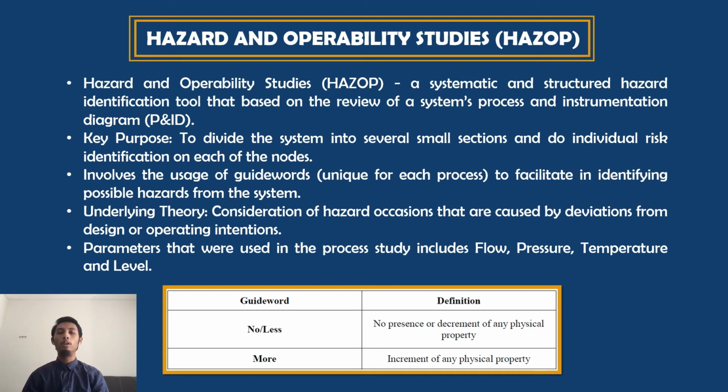So, the example is like this: No or less is the guide word, and the parameter is flow. So the deviation will be no or less flow. We use this kind of deviation to assess the hazards and the operability of the plant.